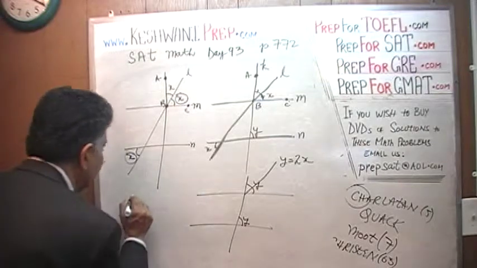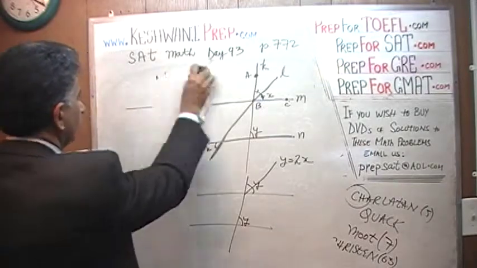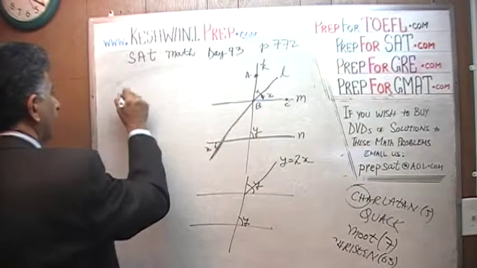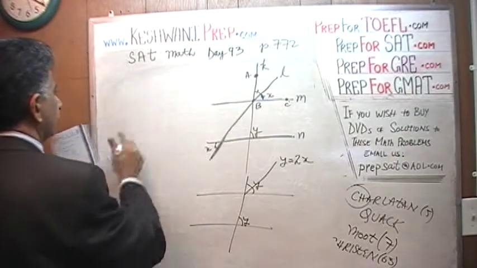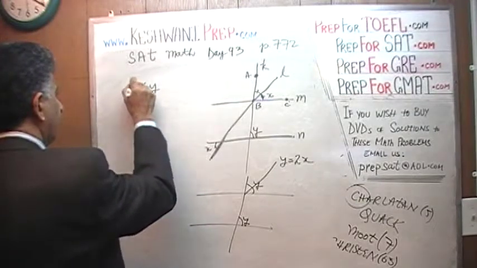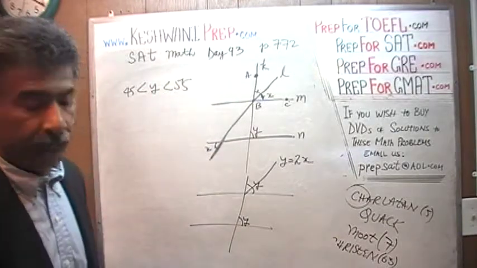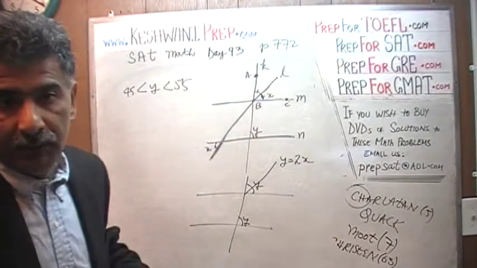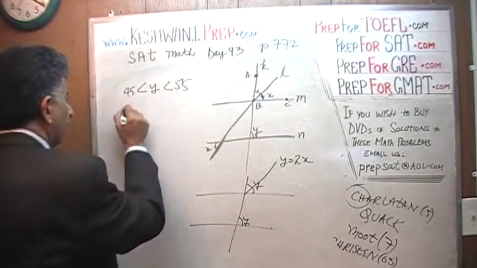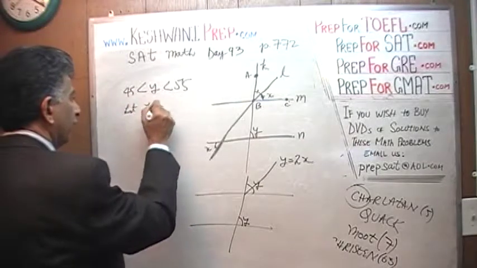So if Y is between 45 and 55, pick a value for y. And what better value than 50, because 50 is right in the middle. Let y equal 50.